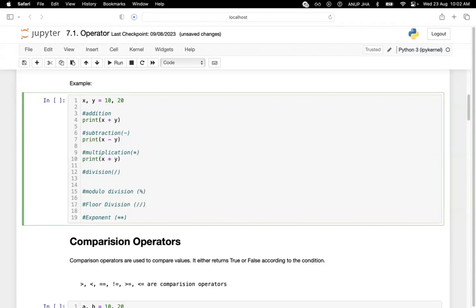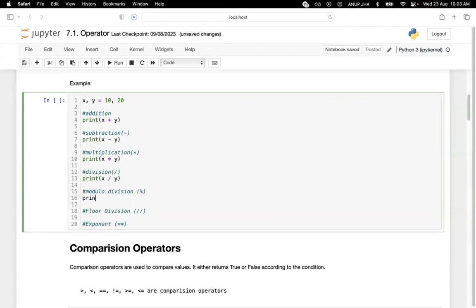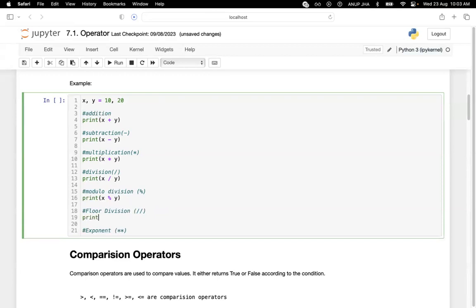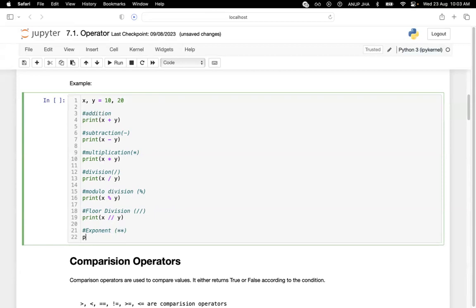Thereafter, print x division y. Then x exponent y. And let's take the output.